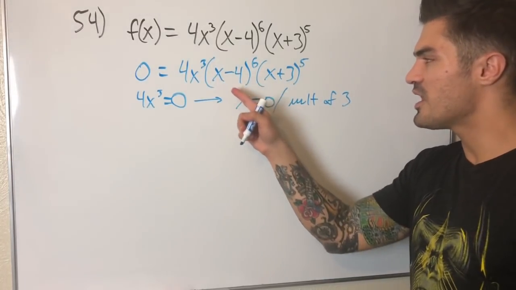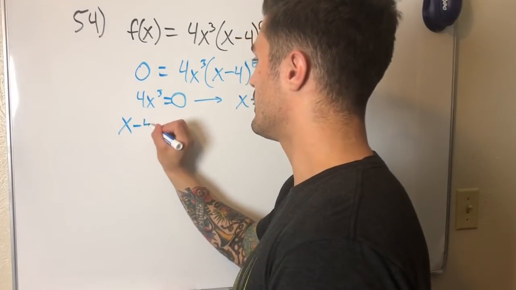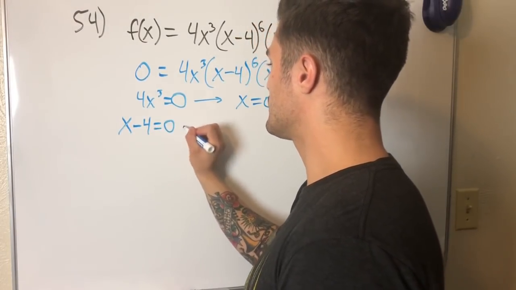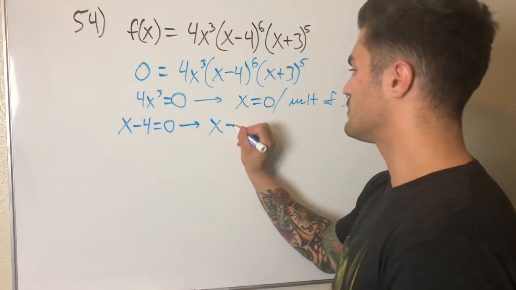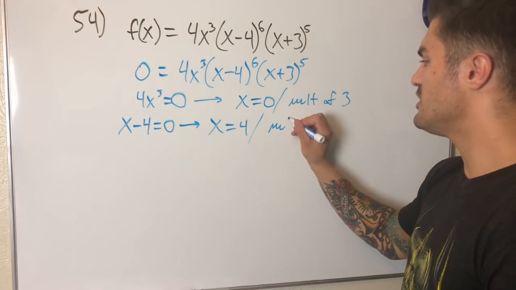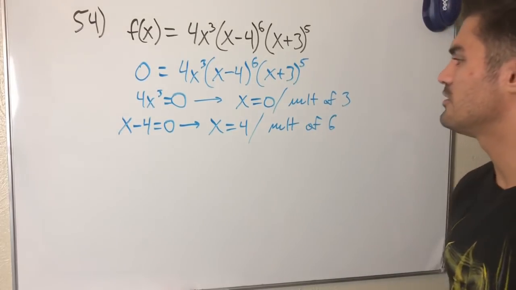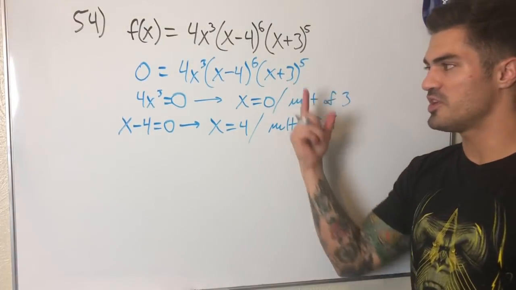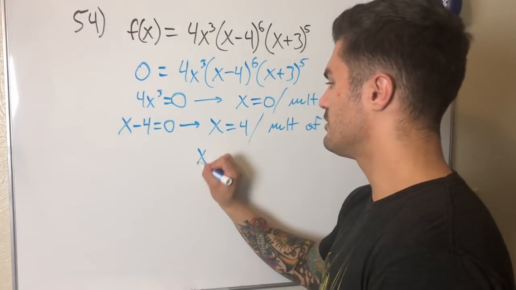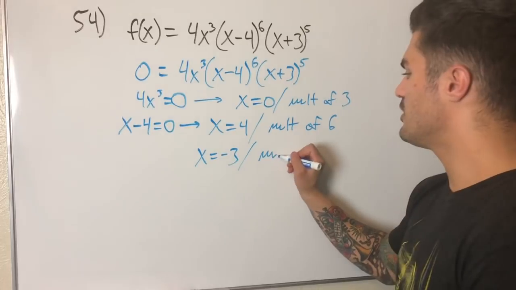Second part, x minus 4 equals 0, so that means that x equals 4, right? If x minus 4 equals 0, then x equals 4 is a zero with a multiplicity of 6, right? And then my last piece, you could probably see that x equals negative 3. I'll leave that algebra part up to y'all, with a multiplicity of 5.